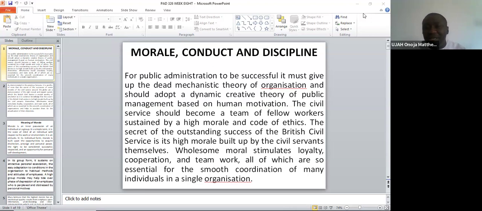And even before then, we were able to establish that when the human being is carried along and has the feeling of involvement and adequate participation in how activities are carried on within the civil service structure or within an organizational arrangement, there is the tendency that such an individual will be more committed and more productive.